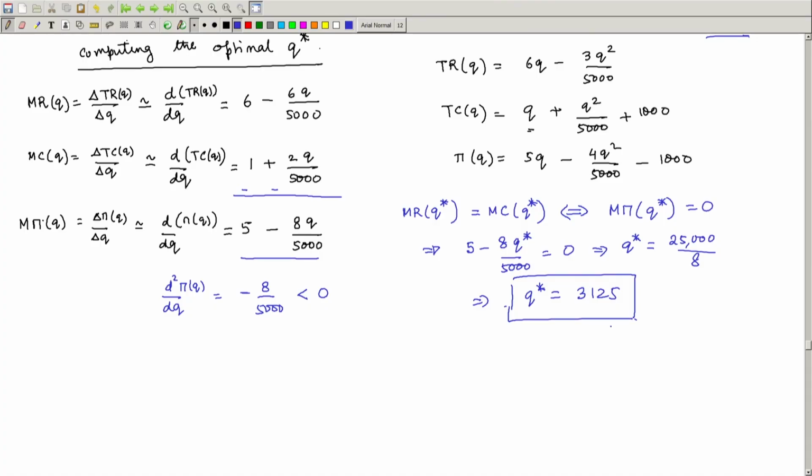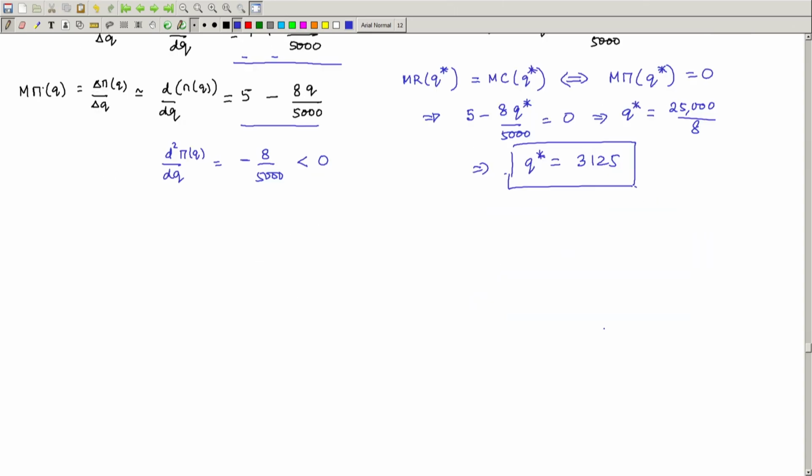So, what the firm ought to do is decrease its output, and that is consistent with the answer that we got here, because the optimal q star is 3125. So, if the firm is currently producing 4000 units, it is producing far too many CDs. It ought to reduce its number of CDs in order to maximize its profit. Okay. So, q equal to 3125 is the profit maximizing q star.